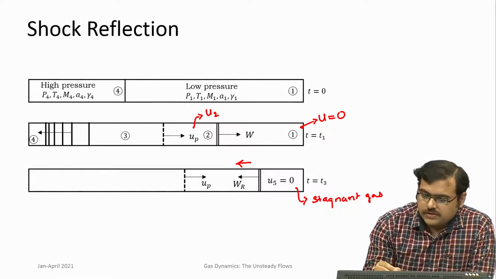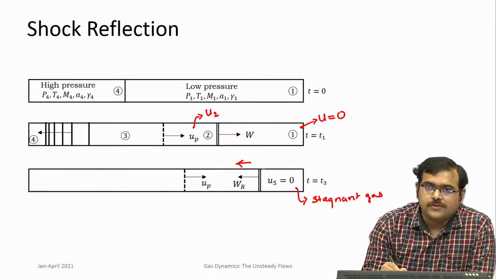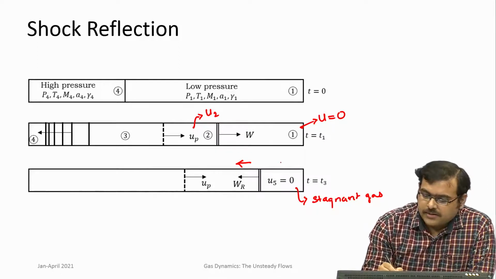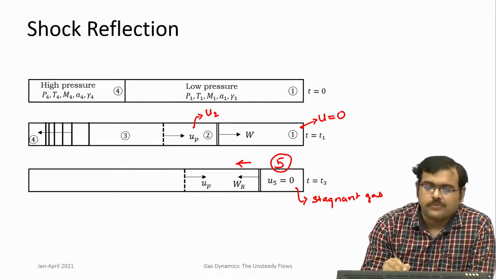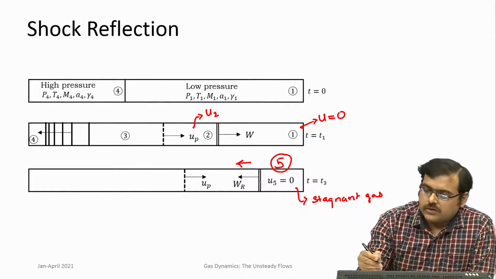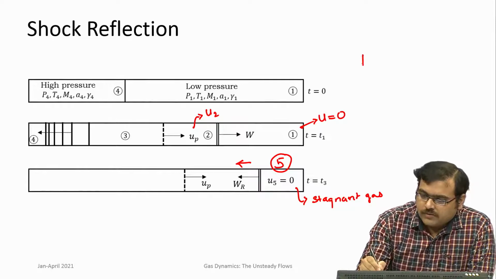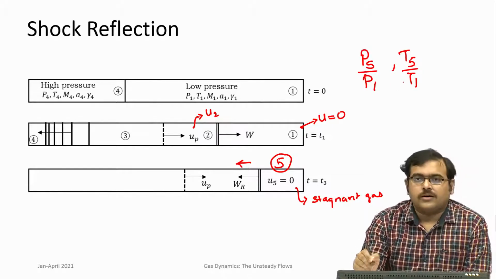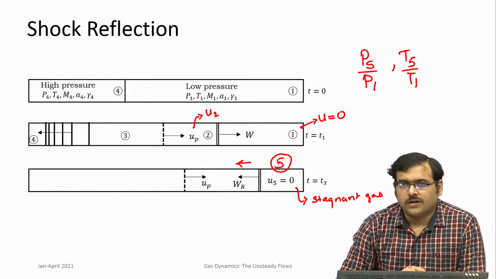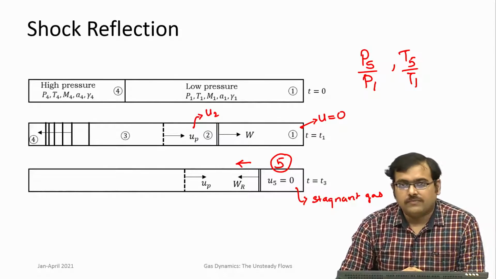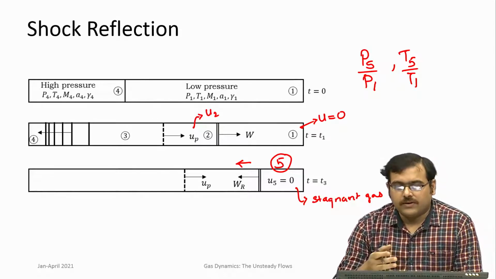So now this region after the reflected shock has passed is named region 5. So that is region 5. Often people describe P5 by P1 and T5 by T1. So when one looks at applications of shock tube, you can have several applications.